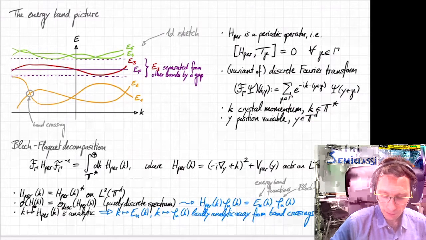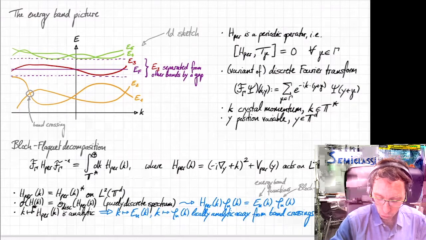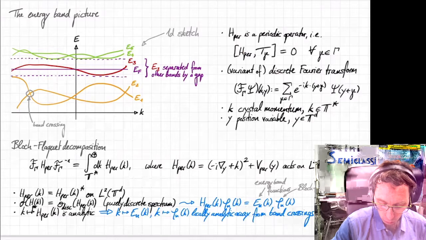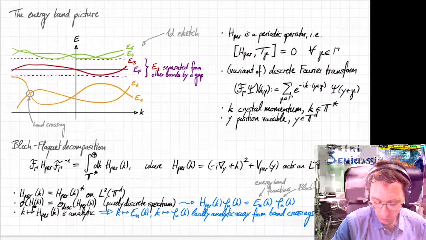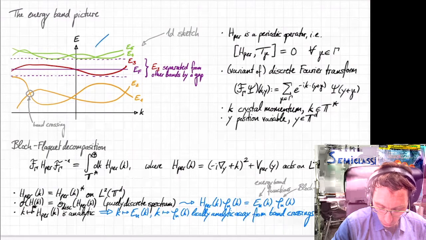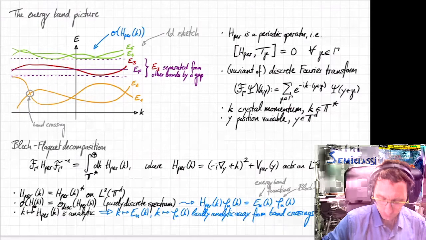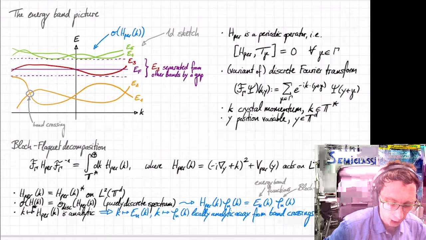Another thing, to go back, this should explain what this picture here is. This here is just the spectrum of the periodic operator as it depends on k.